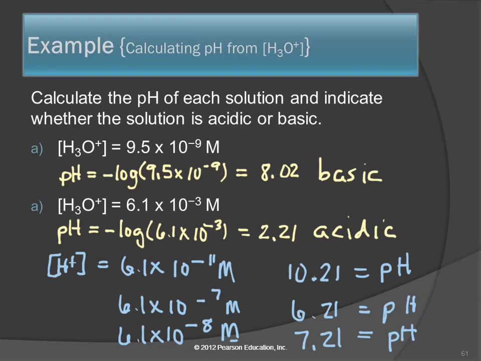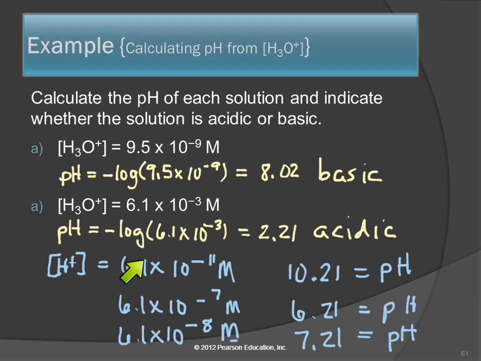The 0.21 is coming from this over here. In this scientific notation number, what are the significant digits? 2. It's the 6 and the 1, right? It's 2 sig figs. The 10 to the minus 11th is just a placeholder for the decimal point, right?